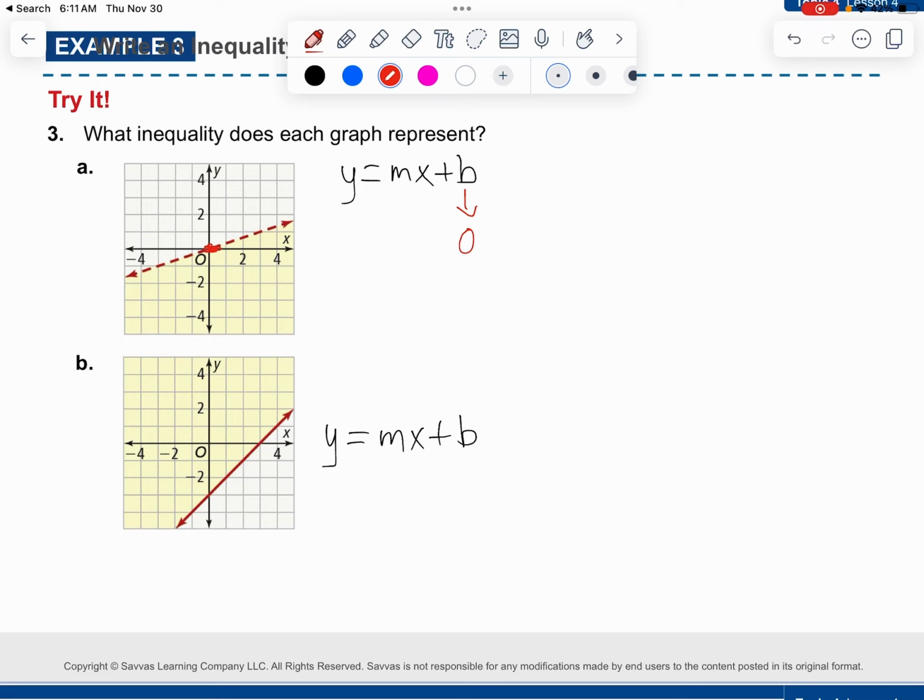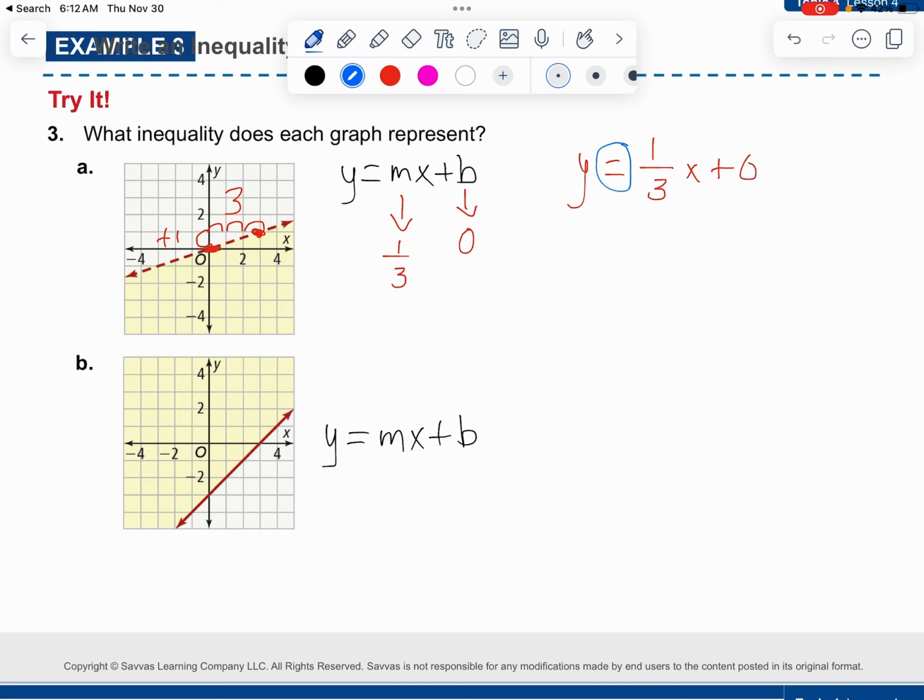And then another point is here to calculate the slope. We rise 1 and then go to the right 1, 2, 3. So our slope is 1 over 3. So currently our equation is y equal to 1 over 3x plus 0.